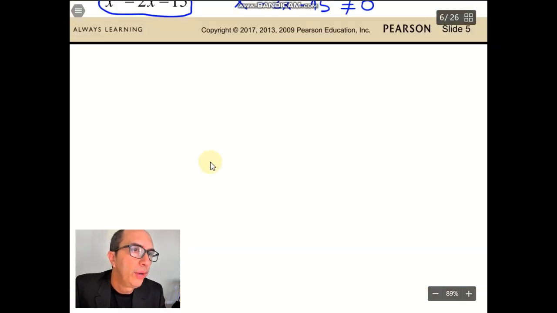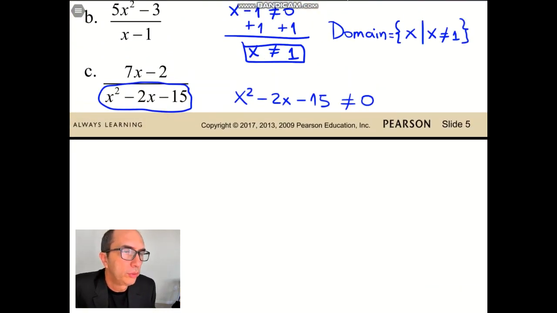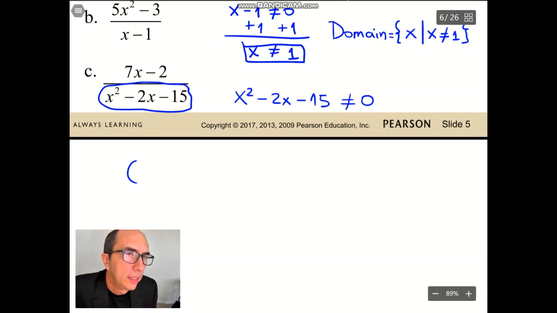To find out, let's factor the denominator. We're gonna find two numbers that multiplied are equal to negative 15, and the sum of the two numbers is negative 2.